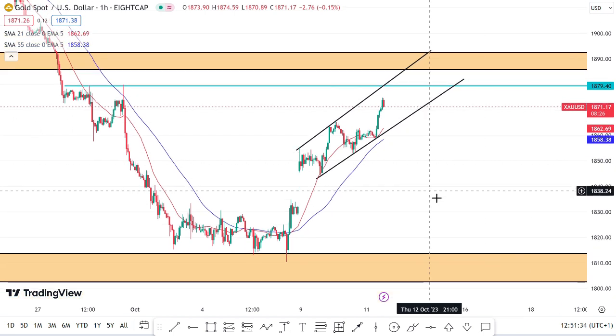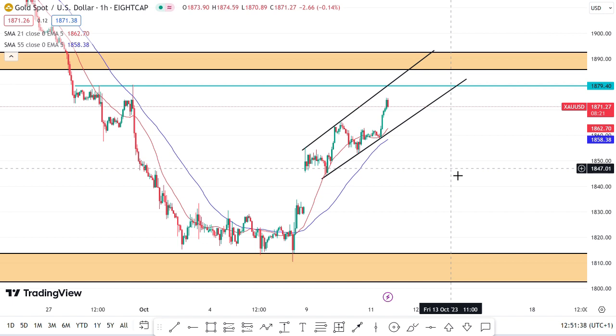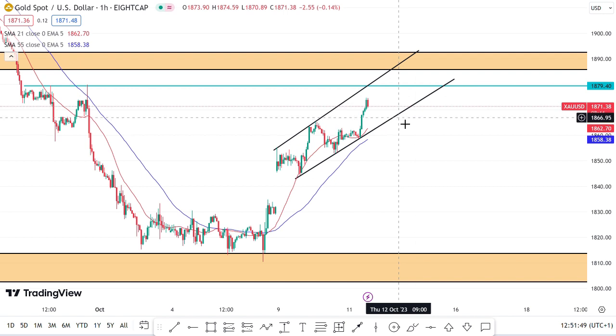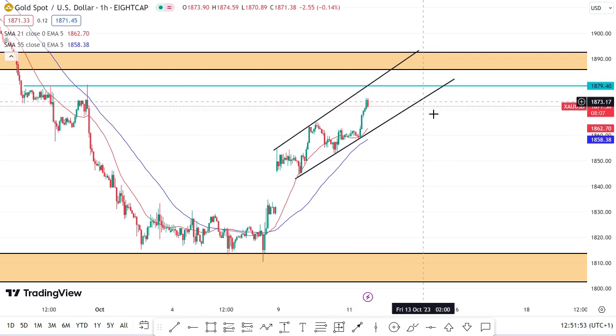So guys, our entries are going to be on the 1-hour time frame or the 15 minutes or 5 minutes, depending on where we see our reversal patterns or entry criteria, and that's when we might have had a break out of this particular channel.